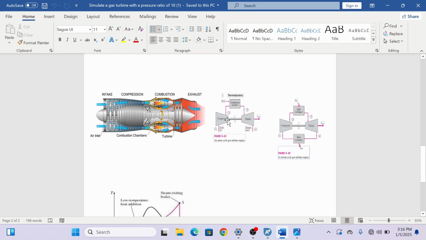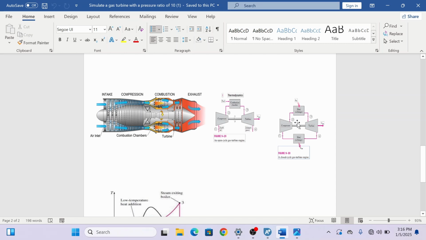But if we place a heat exchanger here at the exhaust, as you can see, this is the closed cycle diagram. We are not following this closed cycle diagram, but I have placed it here just to represent how a heat exchanger is present.